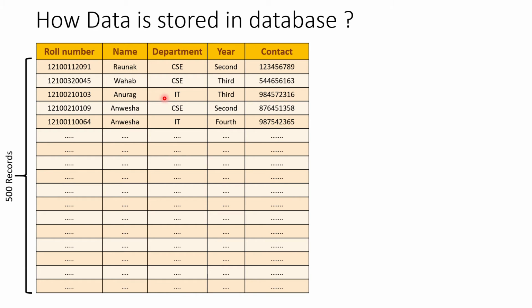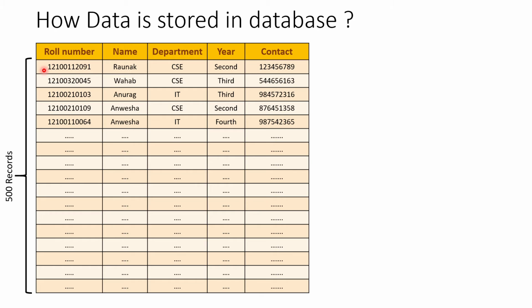Similarly for department, you cannot do that. If you consider CSE, a lot of students from different years will come. Similar for year. So there are only two options, either roll number or contact. If you consider roll number, even if the name is the same, the department is the same, even the year is the same, the roll number will still differ.